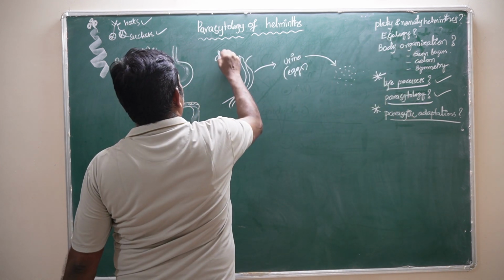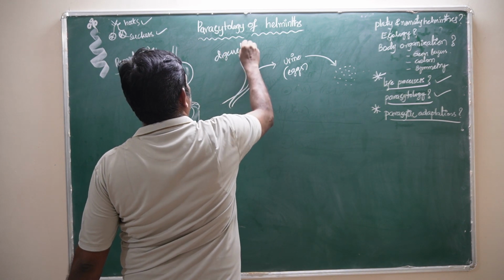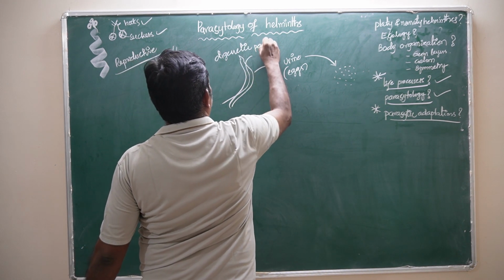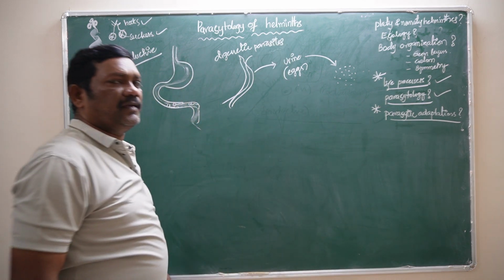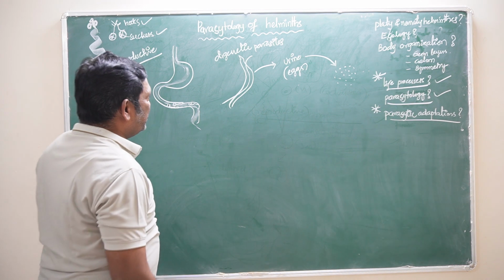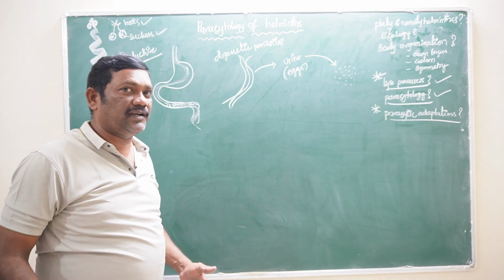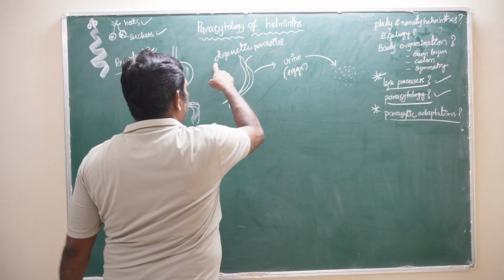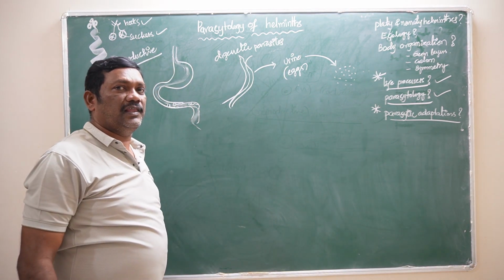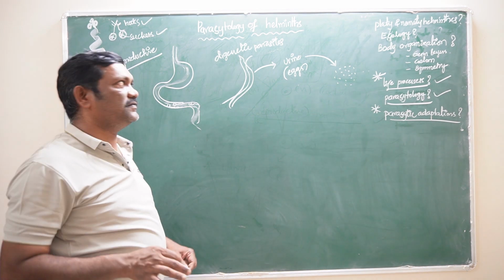These are actually digenetic parasites. Why are they called digenetic parasites? Because their life cycle is complicated. They live in two hosts. They require two hosts to complete their life cycle.